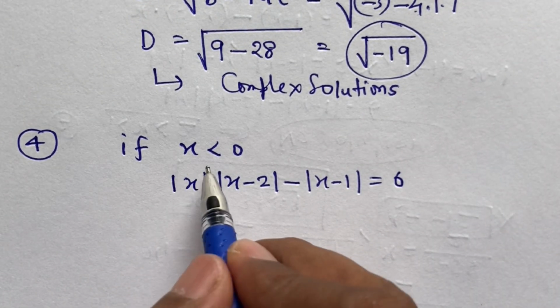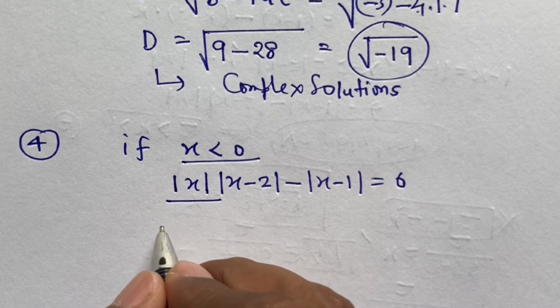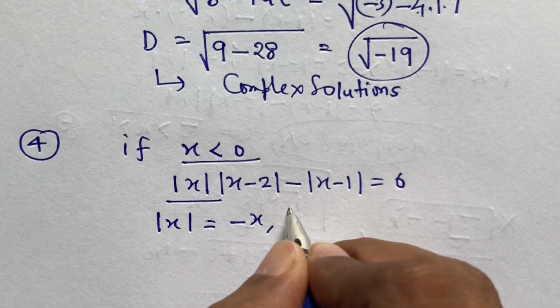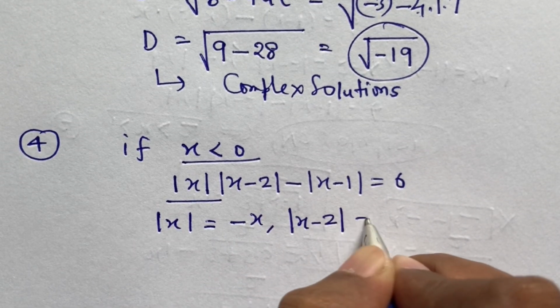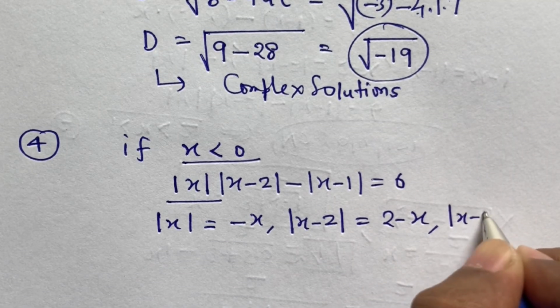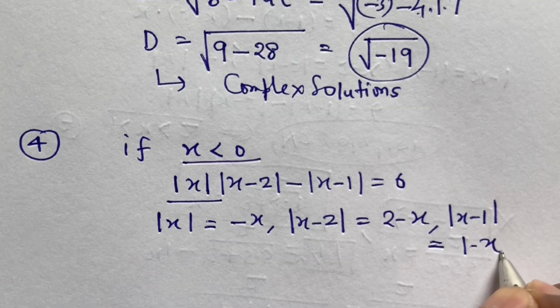For this condition, mod of x will be equal to negative x, mod of x minus 2 will be 2 minus x, and mod of x minus 1 will be 1 minus x.